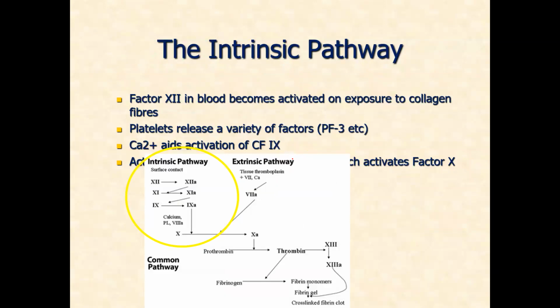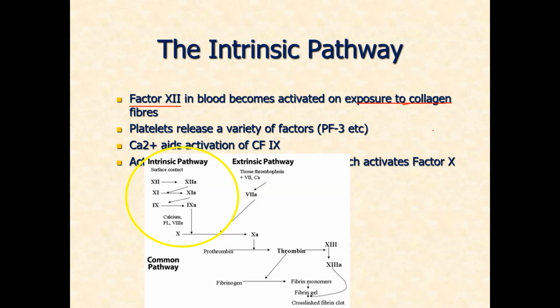The intrinsic pathway is slightly more complicated. If I'm honest, this is a simplified version of it. In the intrinsic pathway, you have factor 12 floating around. When it gets exposed to collagen, it becomes activated. So remember where the collagen is coming from.